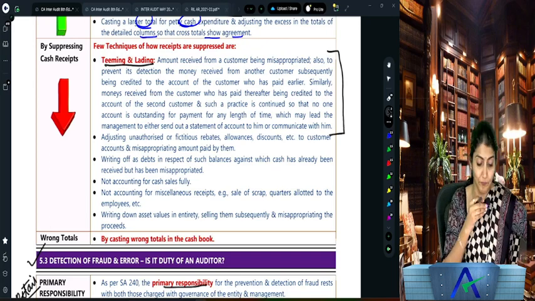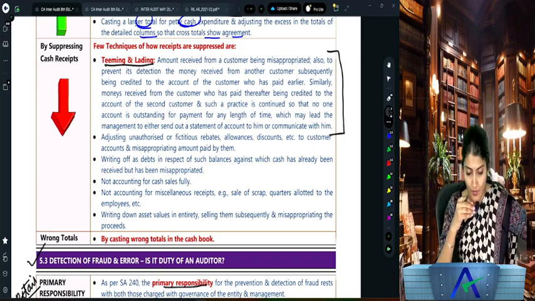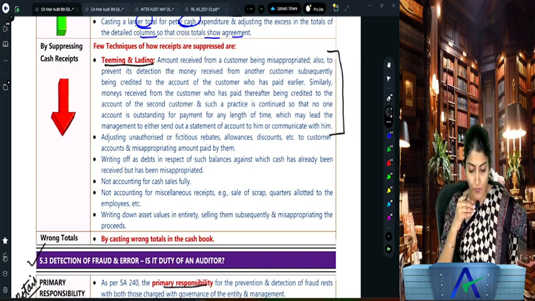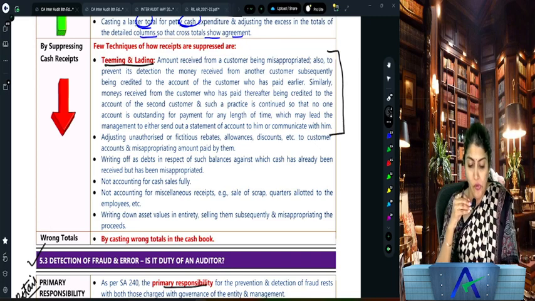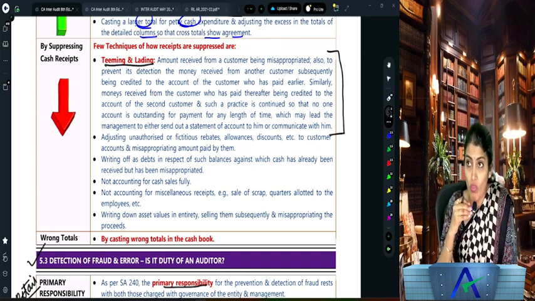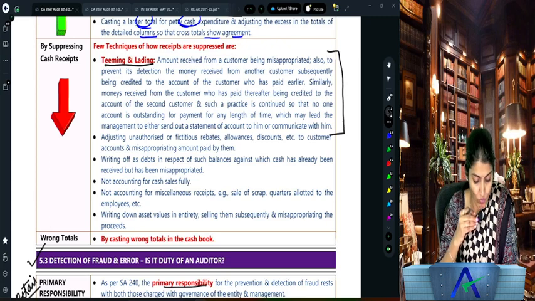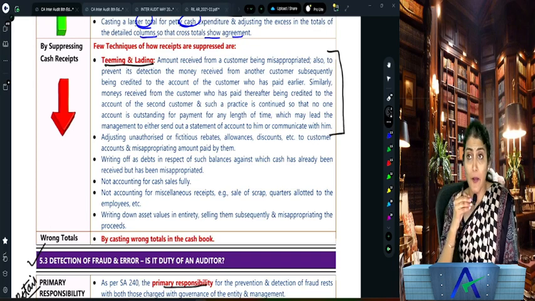Teaming and lading. Right, what is part 1?